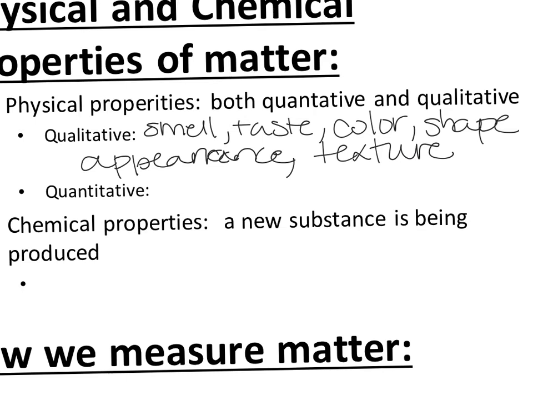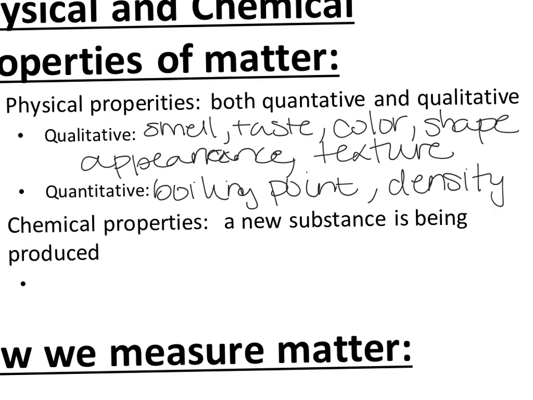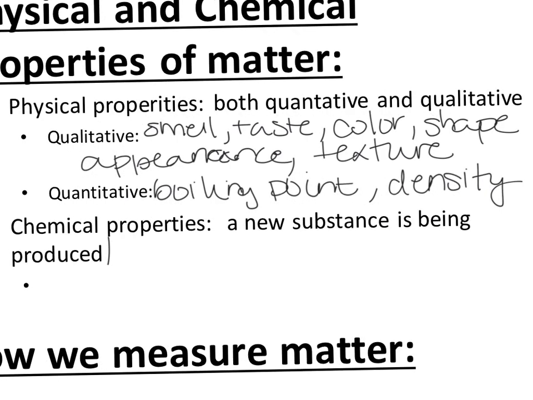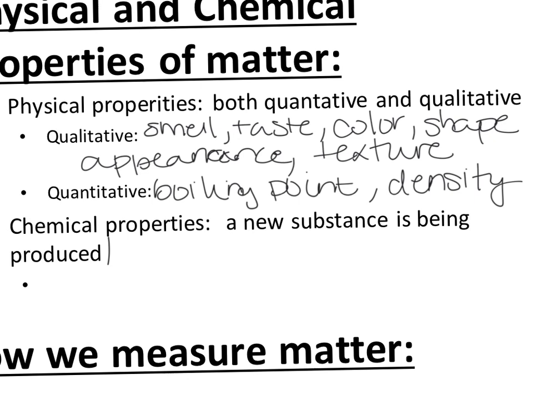When we're talking about our quantitative physical properties, we're talking about things like boiling point, or maybe something like density or mass or volume. Now, when we switch gears and talk about our chemical properties, we're talking about the types of interactions or properties that different substances undergo where we're forming new substances.